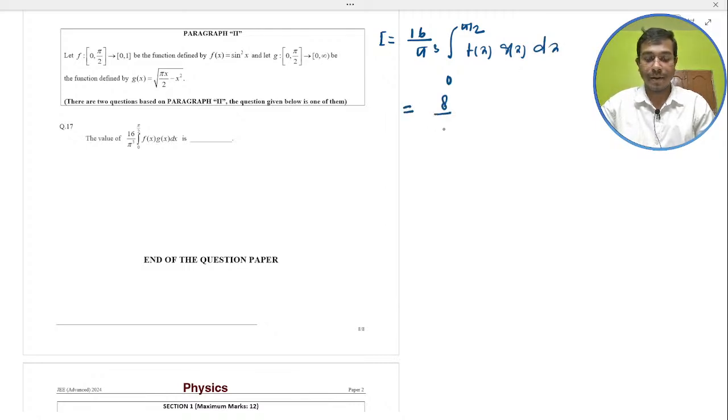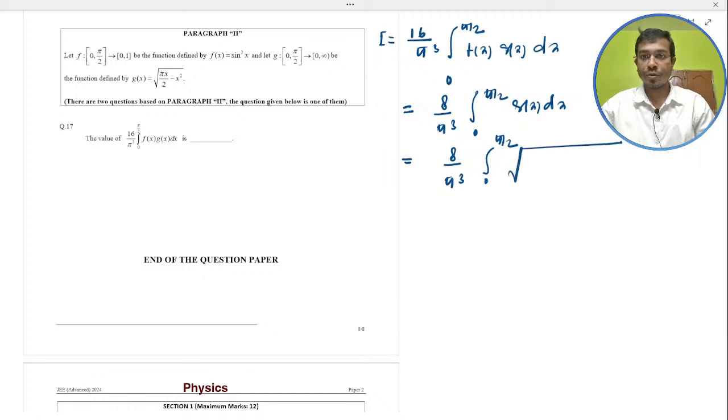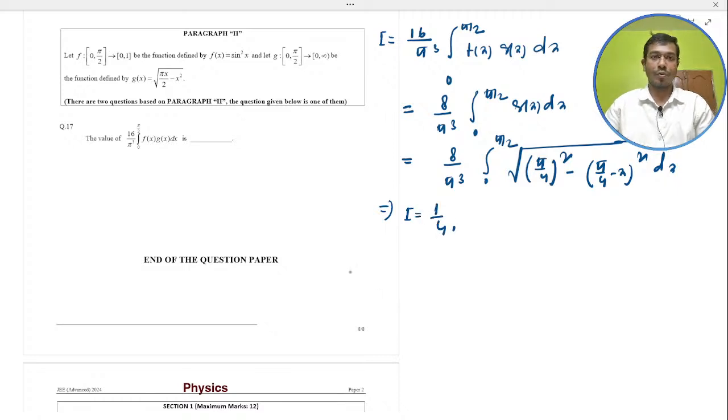This is nothing but (8/π³) ∫ from 0 to π/2 of g(x) dx. This is equal to (8/π³) ∫ from 0 to π/2 of the square root of (π/4)² − (π/4 − x)² dx. So you would get the value of the integral as 1/4. 1/4 means 0.25 would be the correct answer.